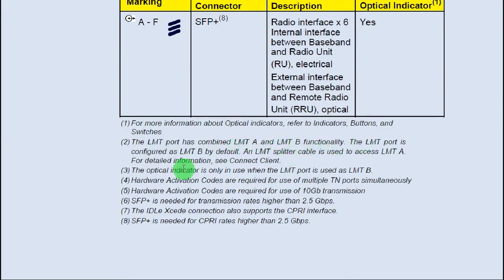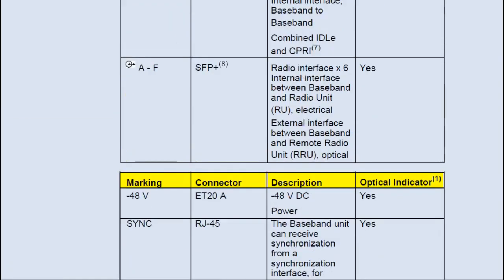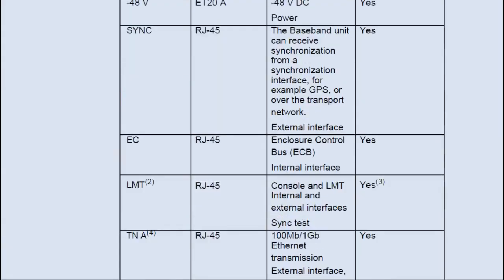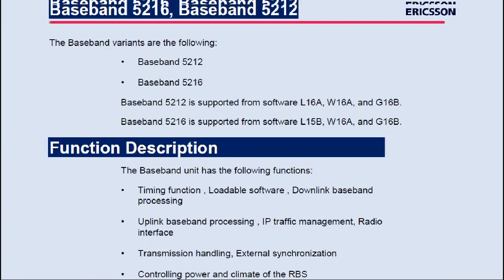The LMT port is configured as LMT-B by default, and an LMT-A splitter cable is used to access LMT-A. For detailed information, see the connector description. The LMT port is used for LMT-B. So these are the processes and points for both cards, 5212 and 5216.